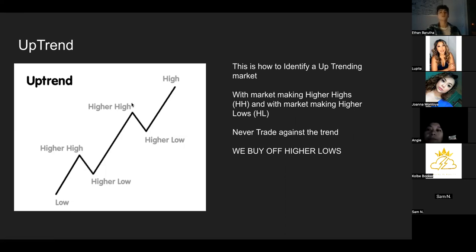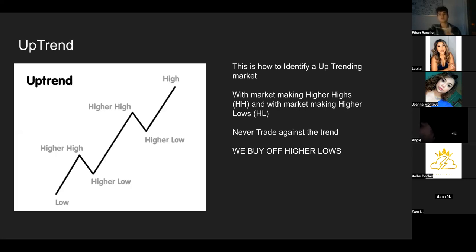They go up, make a new higher high, and then they retrace down and make higher lows. That's how the market moves, guys. We're going to go into the live charts and really break it down, but that is what an uptrend looks like. So that is how you identify an uptrend: it has higher highs and higher lows.